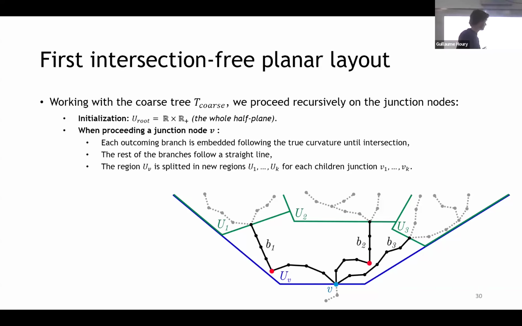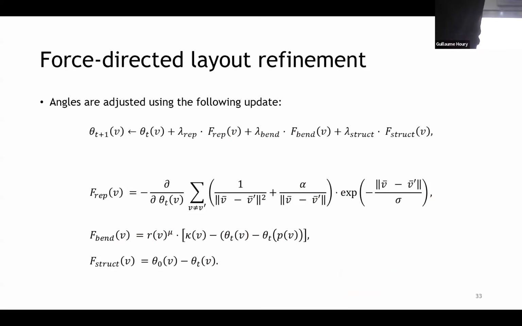So somehow it gives us a notion of the scale at which we can have an accurate preservation of the vessels. So that in the second step, we can rigidify this part, leave it untouched, and ensure that the angles are well preserved, even though we may change the location of the nodes that are further on the branch. Maybe it will be clearer after I explain what's happening in the second step.